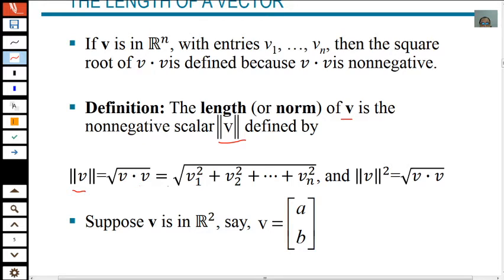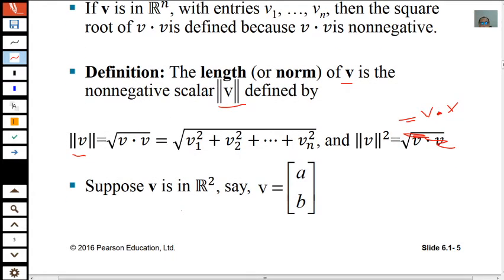The dot product will be equal to v1 squared plus v2 squared up to vn squared, and we take the square root of this number, and this is called the length of v. The square of the length of v is just the dot product of v by itself.